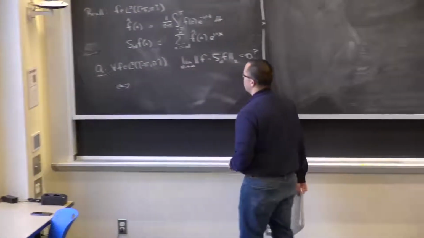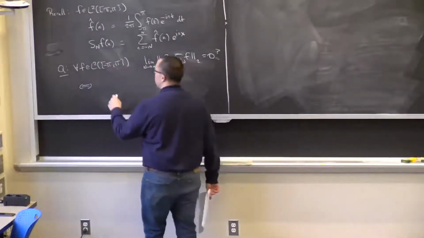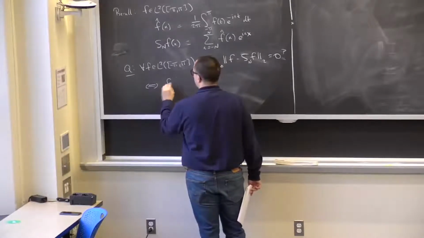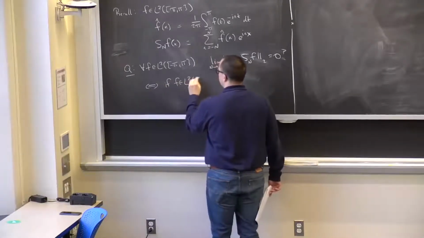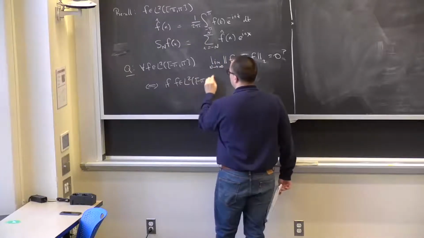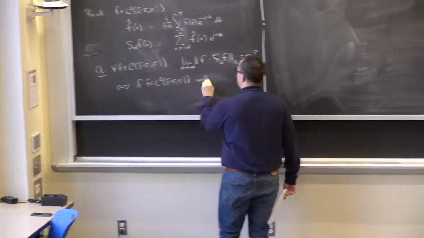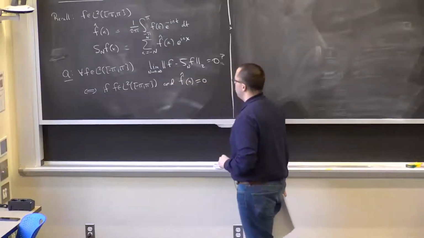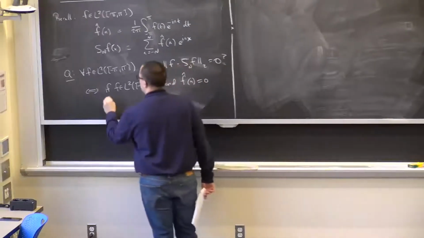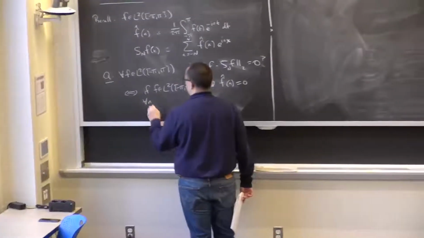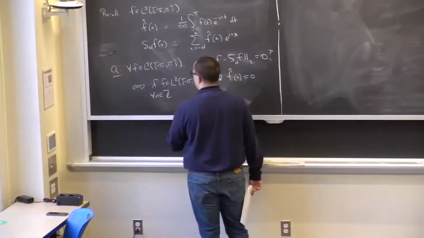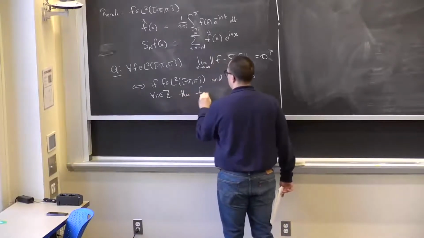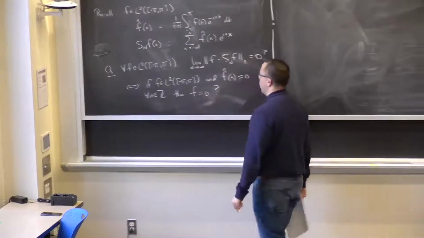Now, based on what we've done for Hilbert spaces, this question is equivalent to the following statement. If f is in L2 and the Fourier coefficients are all 0, does this imply f equals 0?